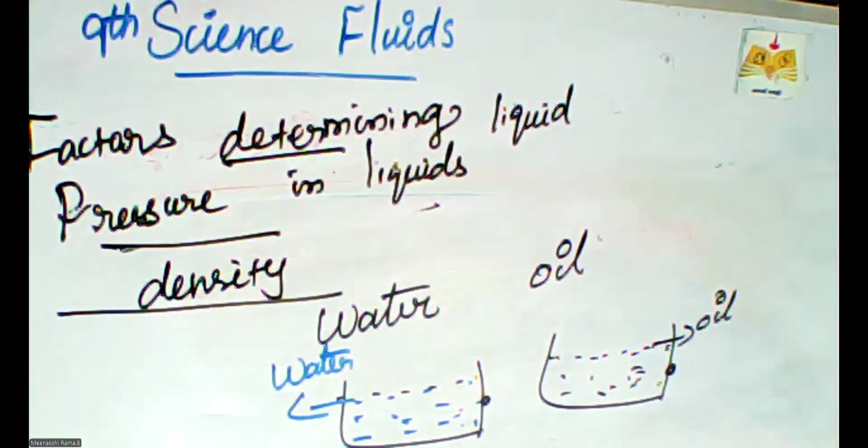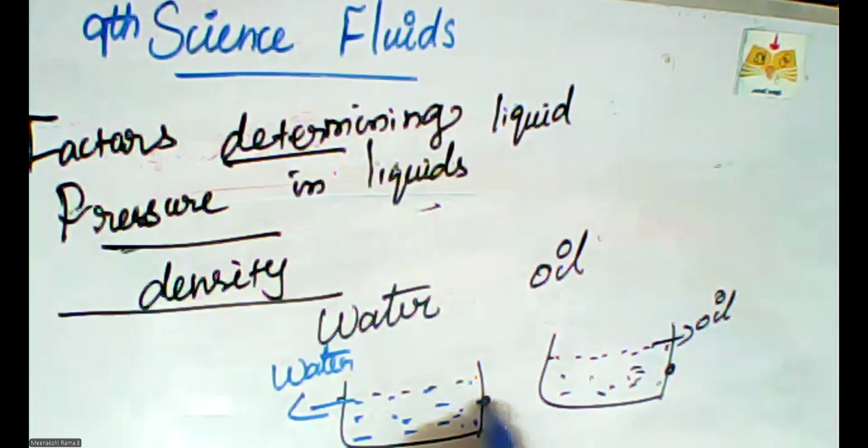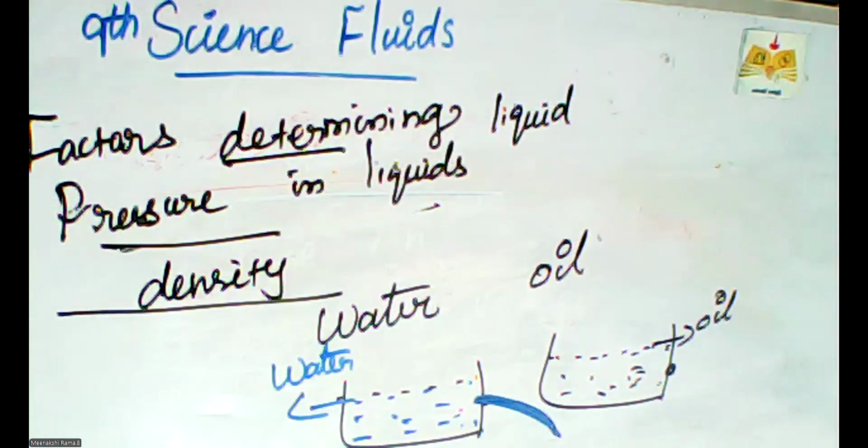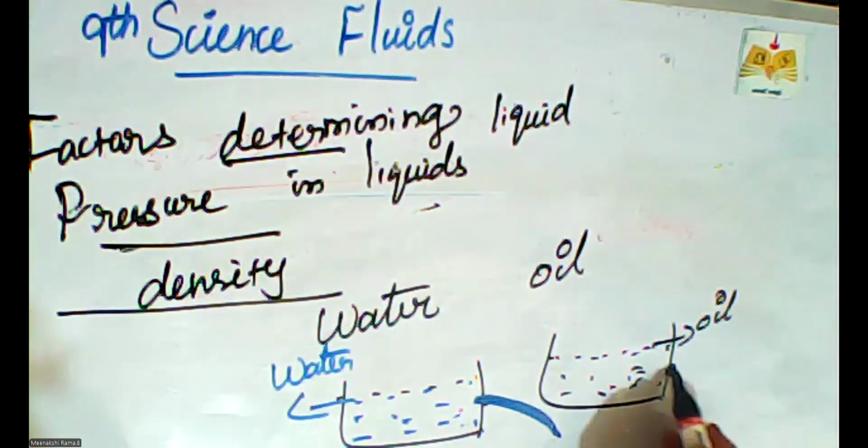When we create the holes in the two same containers at the same part, what will happen? Yes, the water is firing with more pressure compared to the oil. So the water comes out fast. So the distance is high. Okay. And then next, the oil comes out slowly.